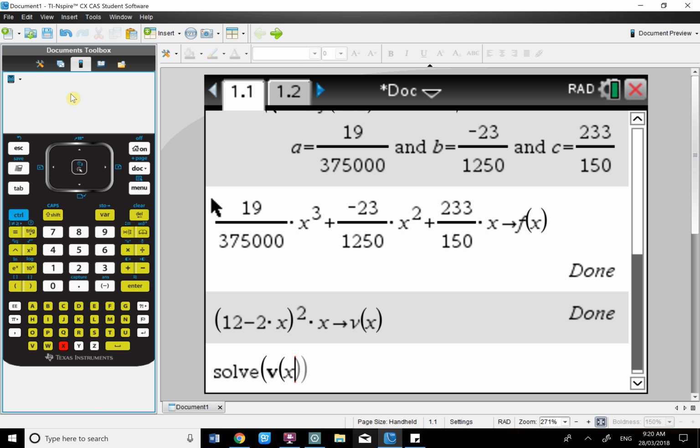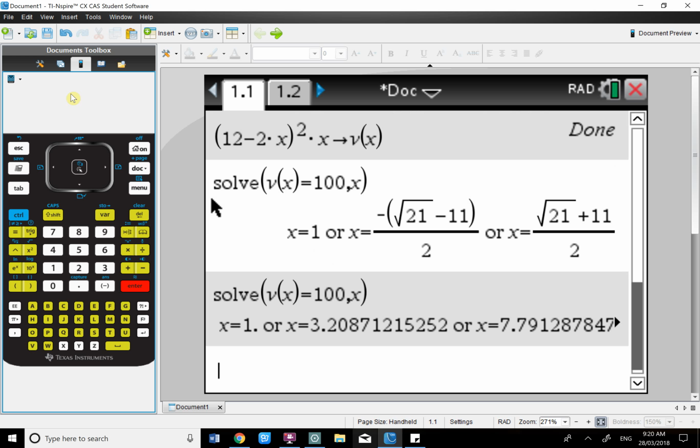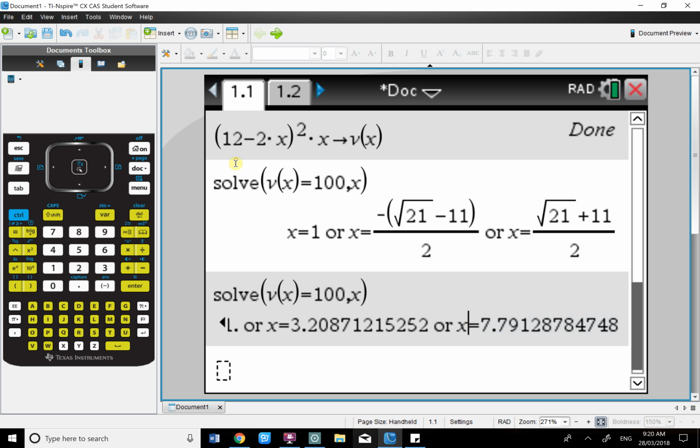I want to solve Vx equals 100, comma x. It will give you x equals 1 or those two values, but I will go for Control Enter to see what the values actually are. So it can be 1 or 3.2, or 7.79.